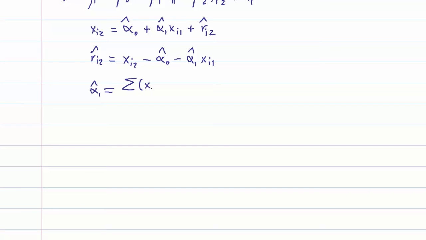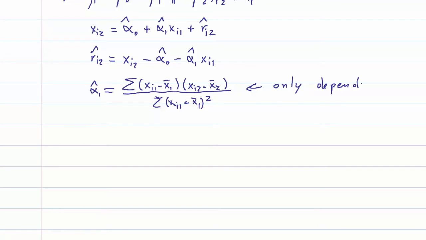So it's just the sum of xi1 minus x1 bar times xi2 minus x2 bar, over, and here we regressed it on xi1, so at the bottom we have the sum of xi1 minus x1 bar squared, and we see here it only depends on x1 and x2.